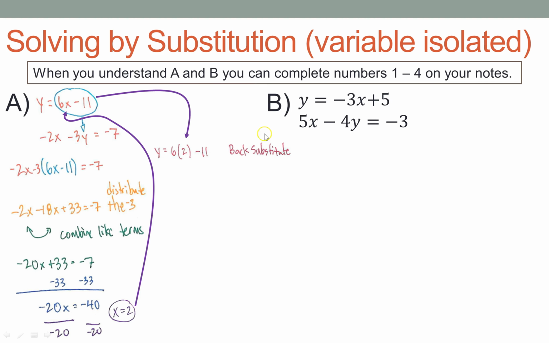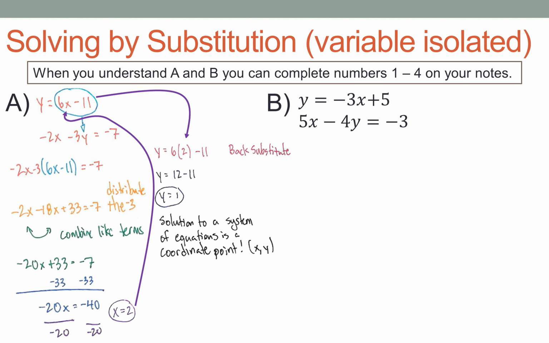In other words, I've back substituted what x is into the first equation. So 6 times 2 is 12, so y is equal to 12 minus 11, and I know that is 1. I have an x and I have a y. Those make a coordinate, x comma y. The solution to a system of equations is a coordinate point, and so that solution is 2, 1.